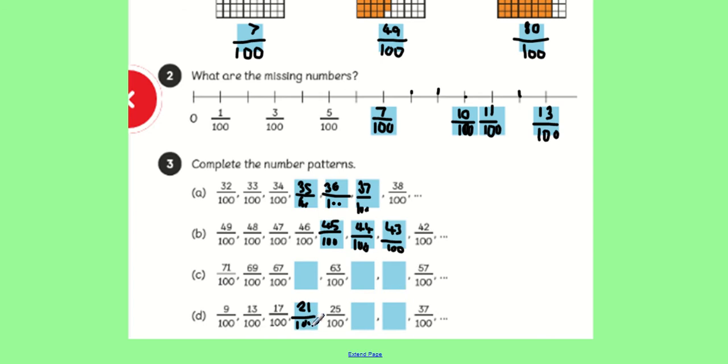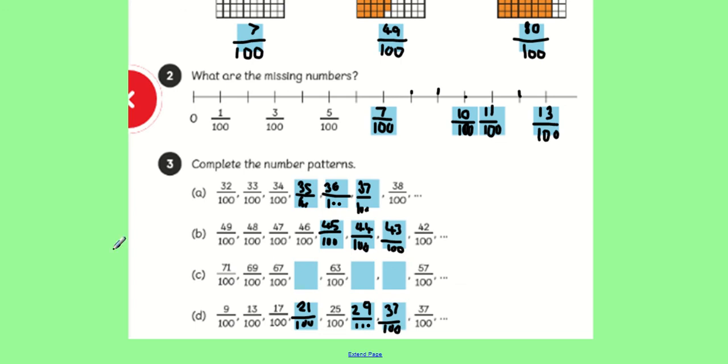That fits in well with the next one because there's a gap of 4 there. So 25 hundredths. Then it will be 29 hundredths. Count on another 4. And then add on another 4. That will be 33 hundredths.